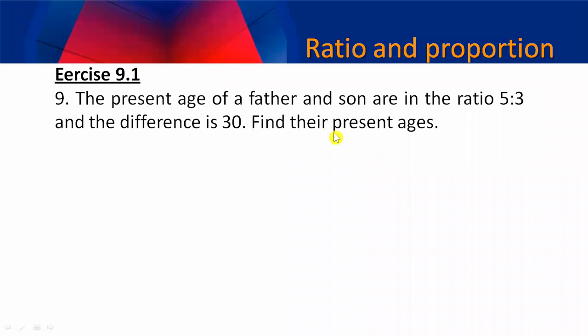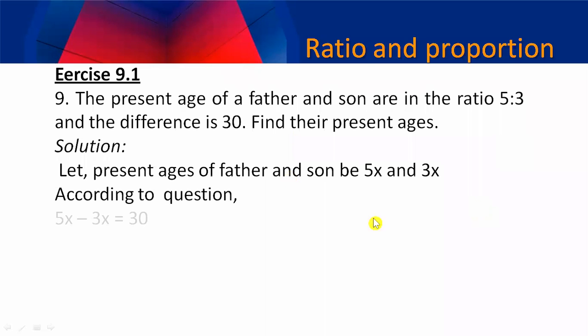So we have to write the same thing. Let the present ages of father and son be 5x and 3x. And according to the question, difference between the ages of father and son is 30.